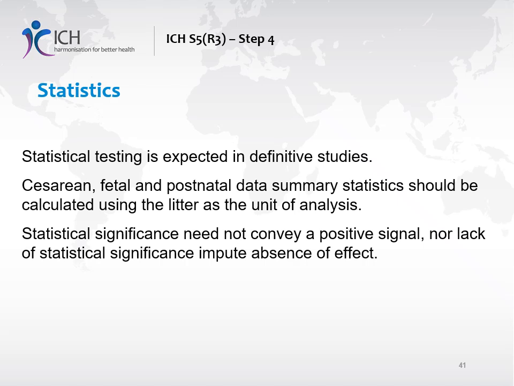Caesarean, fetal and postnatal data summary statistics should be calculated using the litter as the unit of analysis. Statistical significance need not convey a positive signal, nor lack of statistical significance impute absence of effect. Determination of biological plausibility based on all available pharmacologic and toxicologic data is often useful.